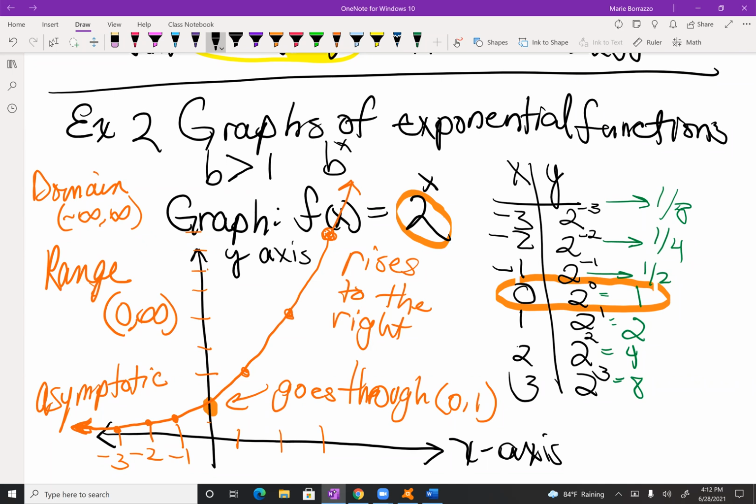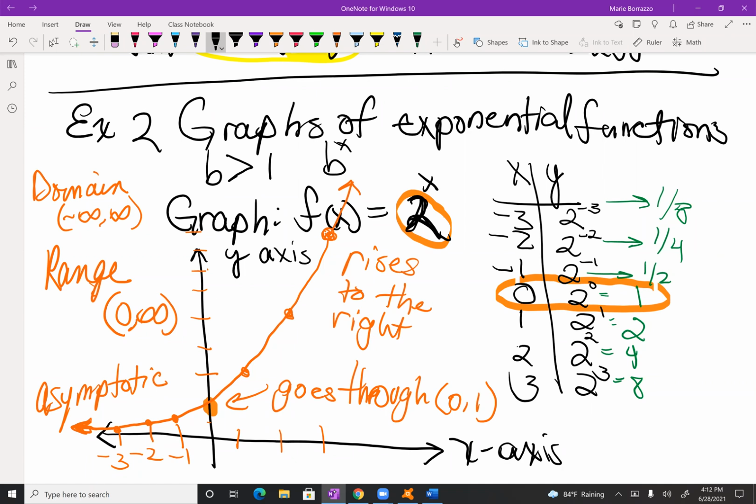Do you want to try to graph another base like f of x equals 3 to the x, or you got the general idea you think with this question? What are you talking about? Like, I don't get where the b came from. B is the base, the 2. That is the base, 2. So where x is 0?